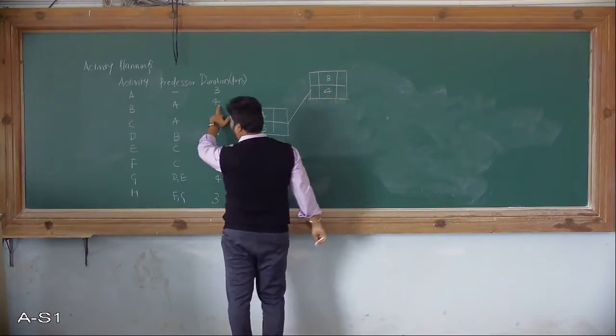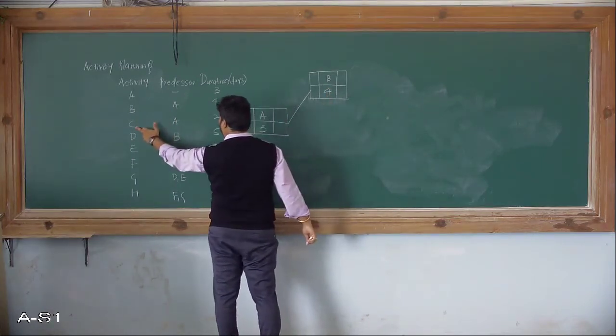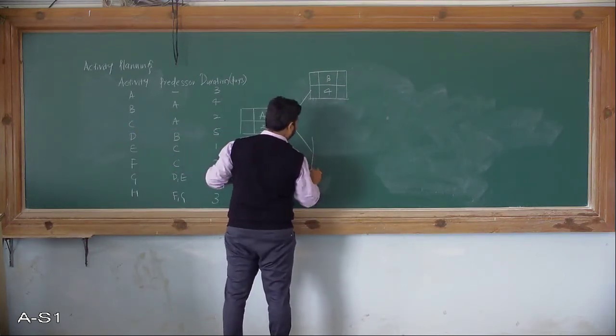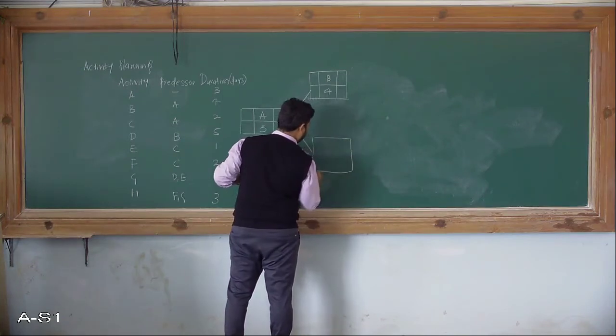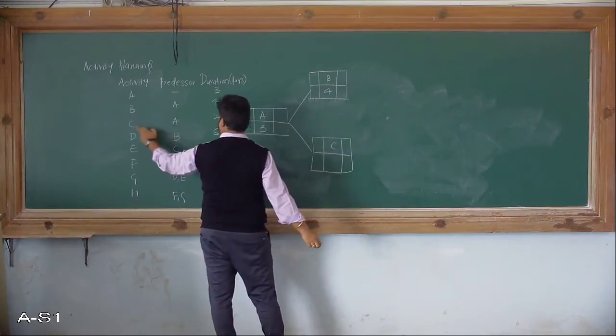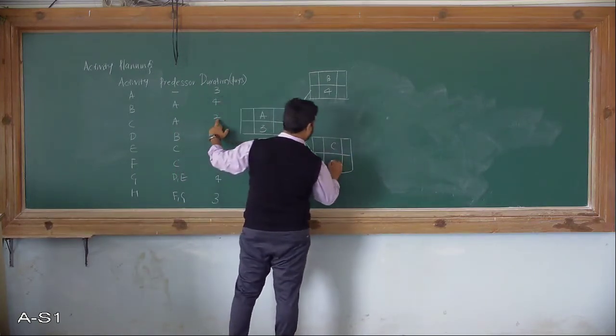The other activity which depends on A is C. This is my activity C, and the duration is 2.